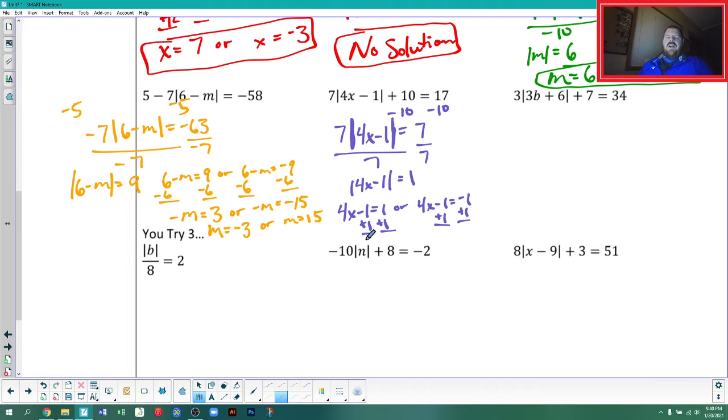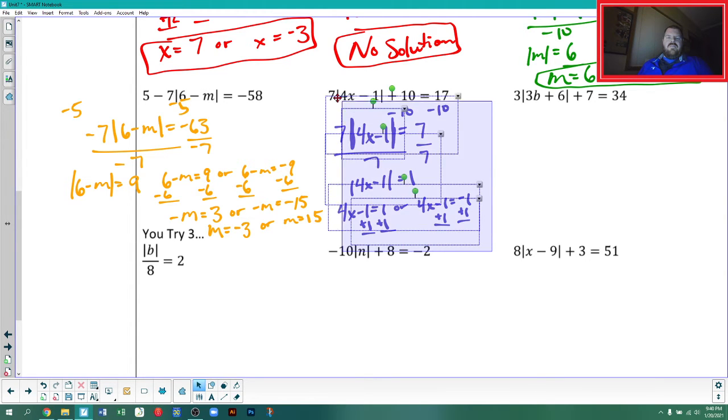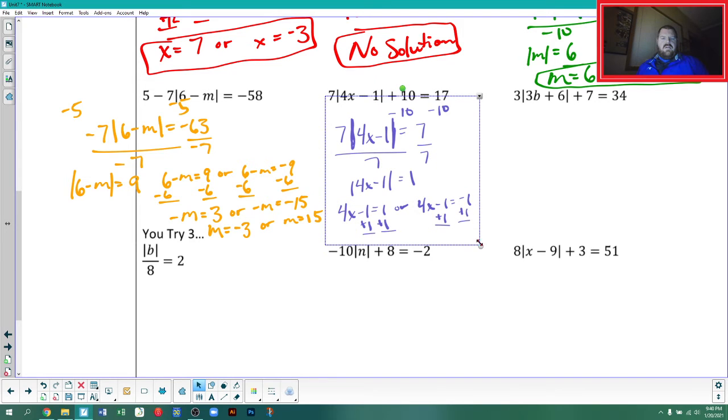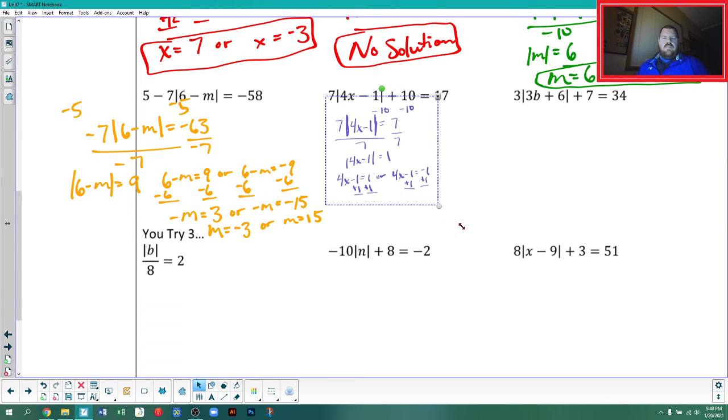And I get 4x. I'm going to run out of room again. Let me just make this a little smaller. Now it's hard to read, but that's okay. I get 4x equals 2, or 4x equals 0.